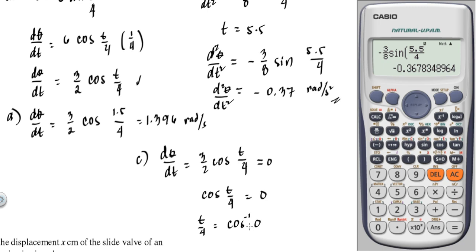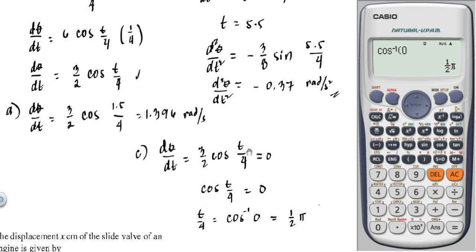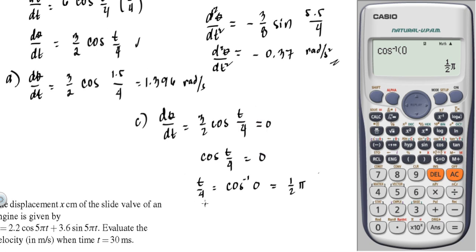Inverse cosine of 0. Then, inverse cosine of 0 is 1 half pi. Yun, 1 half pi pala ito. But t, kasi may over 4 pa, no? So, let's multiply this by 4 pa.